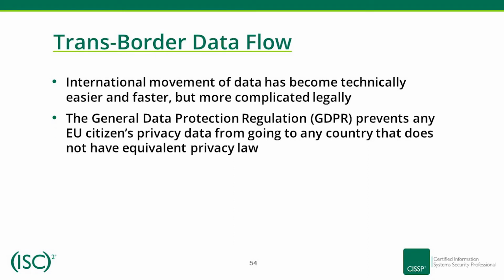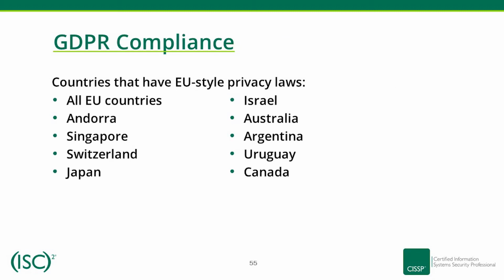Transborder data flow. International movement of data has become technically easier and faster, but more complicated legally. The General Data Protection Regulation, GDPR, prevents any EU citizens' privacy data from going to any country that does not have equivalent privacy law.